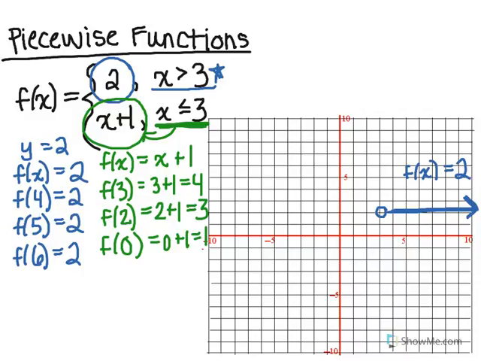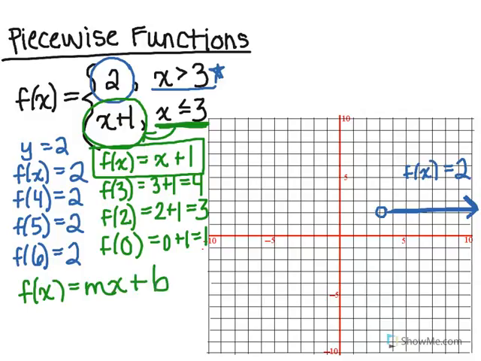So all I'm showing is if we're just plugging values into the function, which we could do just like any function, we would plug it into the top one as long as the value is greater than 3, and we'd plug it into the bottom as long as the value is less than or equal to 3. In terms of graphing it, well, we could graph this second function by plotting points like we've sort of done just below. You could also use the fact that it is a linear equation, so like the mx plus b.